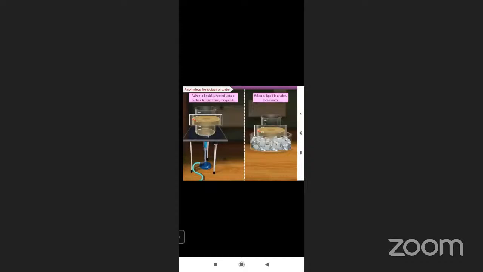Now how is it? When ice melts, heat is absorbed, correct? When ice melts, heat is absorbed, but the temperature does not change. Also, when water refreezes in regelation, heat is given out, but the temperature does not change. Clear?